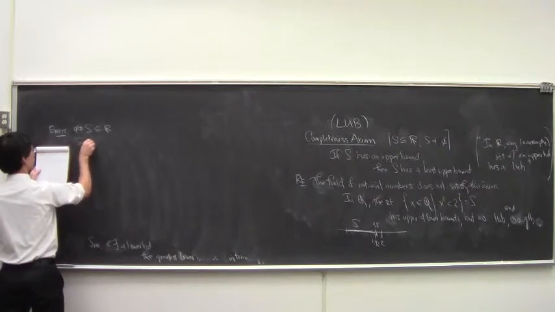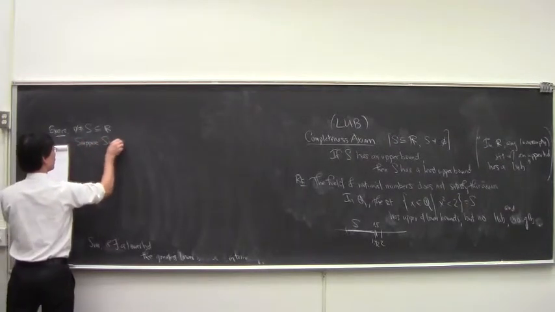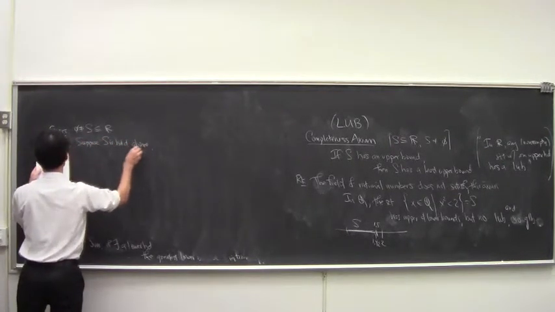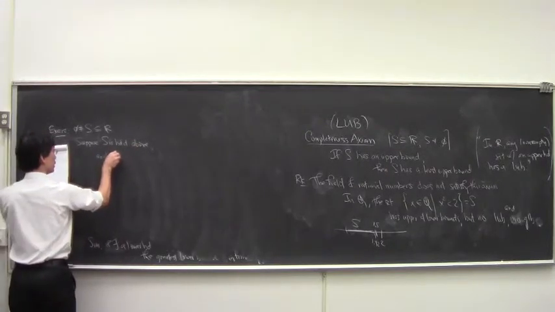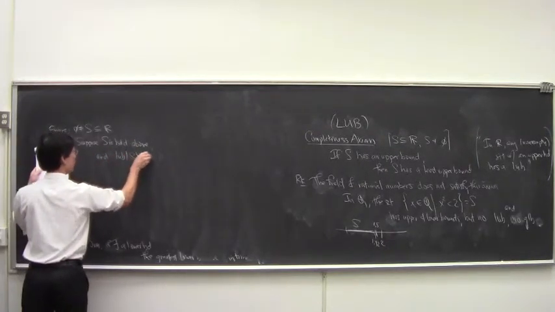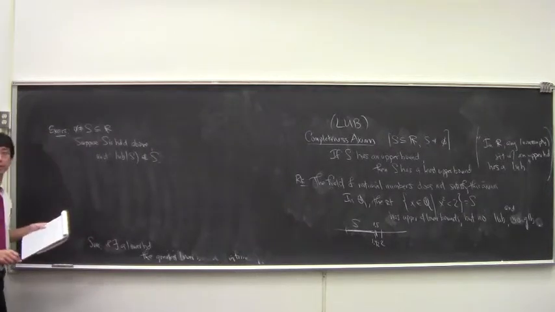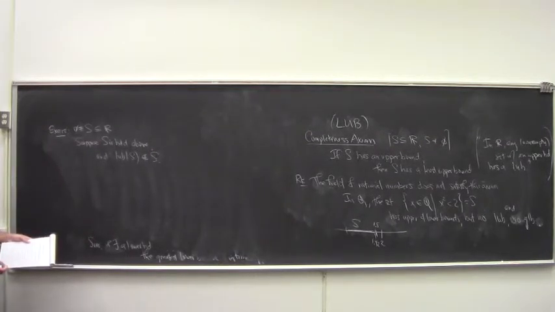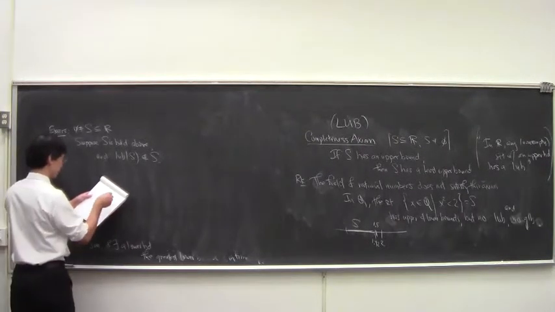Suppose S is bounded above, and the least upper bound of S is not an element of S. Suppose you have a set, it's bounded above, so it has a least upper bound, but that least upper bound is not part of your set.